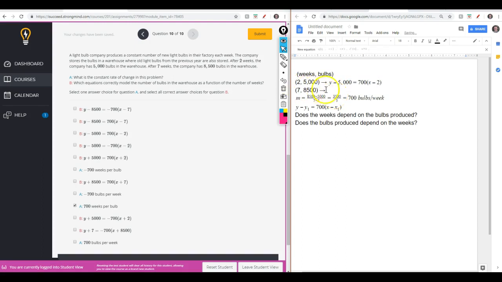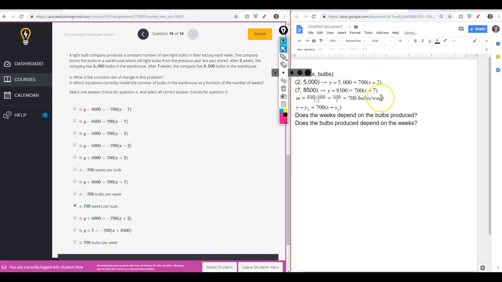And at week 7, the equation, again, we have our slope of 700. That doesn't change because it's constant, a constant number of new light bulbs. So again, our x is 7 because now we're at week 7. We're going to replace that with x1 and 8,500 with y1.